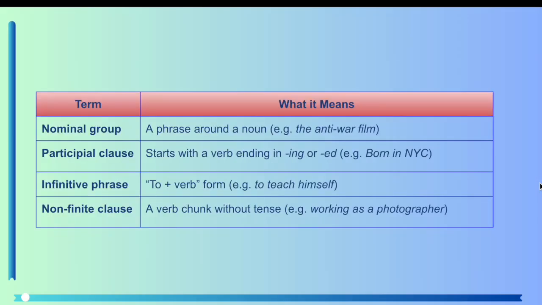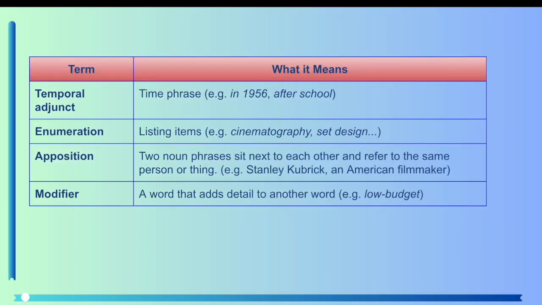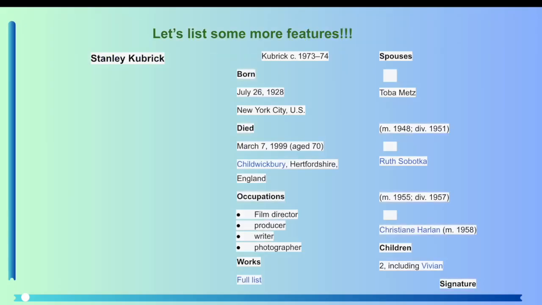The same way, more features, clauses and phrases, and some other features about lexis, maybe adjuncts, maybe apposition, modifiers, and so on. Now, I've also put together this other part of Wikipedia articles where there's an information box with some subheadings and some information there.